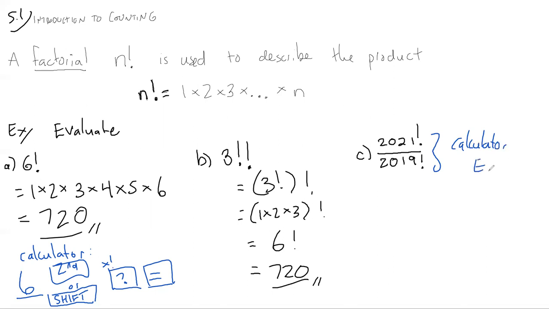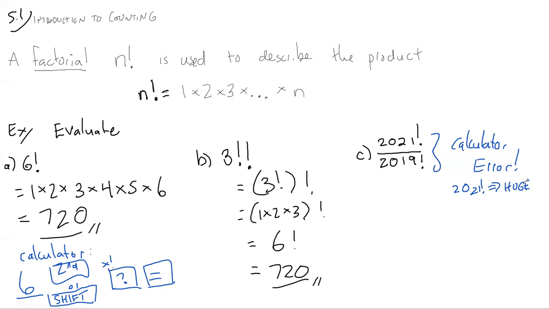And it doesn't mean that this thing doesn't exist. What is happening is that your calculator, if you plug this in, tries to evaluate 2021 factorial, which is absolutely huge. The number of digits of 2021 factorial, I can figure that out pretty fast. No, I can't figure that out that fast.